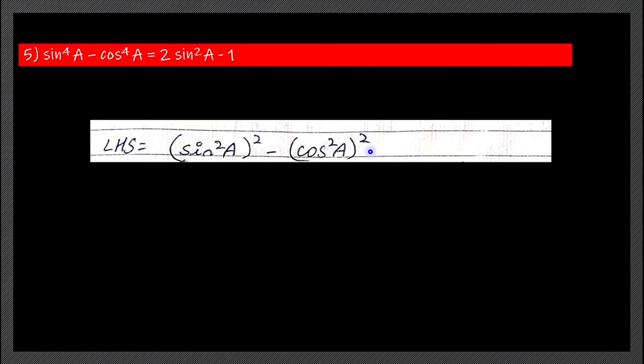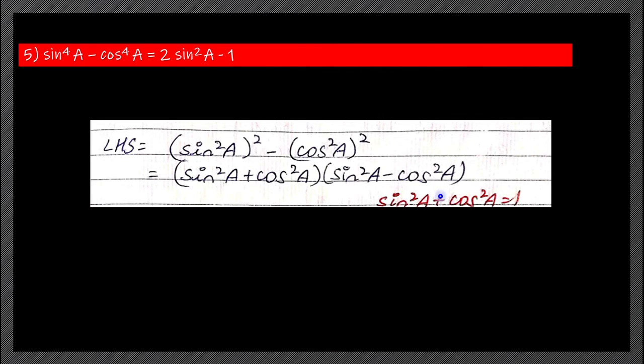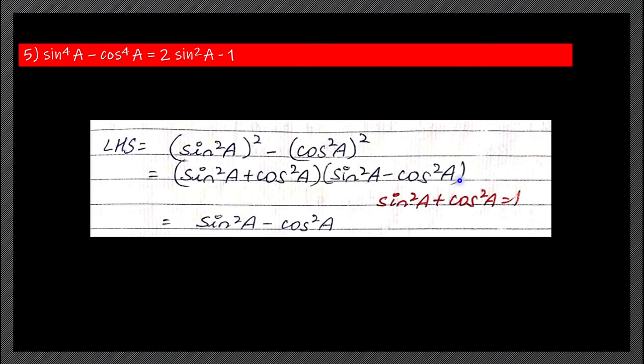So sine square A the whole square minus cos square A the whole square, a square minus b square, is equal to (sine square A plus cos square A)(sine square A minus cos square A). So sine square A plus cos square A equals 1. So we will end up with sine square A minus cos square A. Look at the RHS.